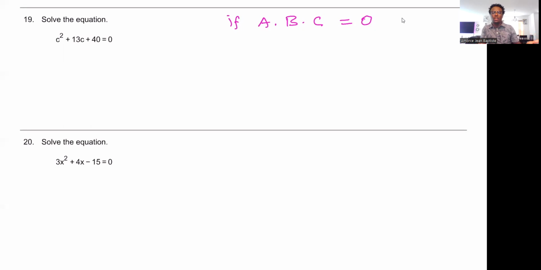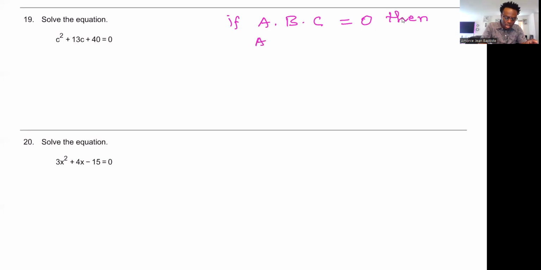A times B times C times D times a number of factors, and all the product is set to 0, at least one of them is 0. I said at least one of them. When I say at least, it may be all of them equal 0, but at least one of them must be 0. So that's why when solving this, you need to check all the possibilities for these factors to be 0.